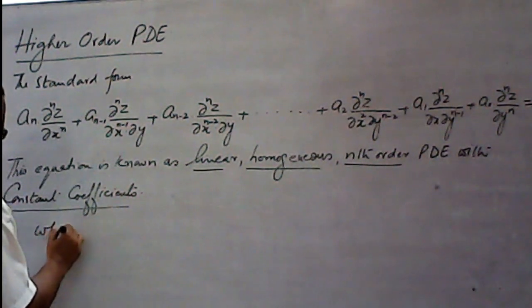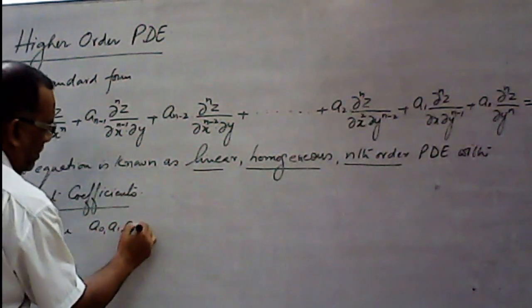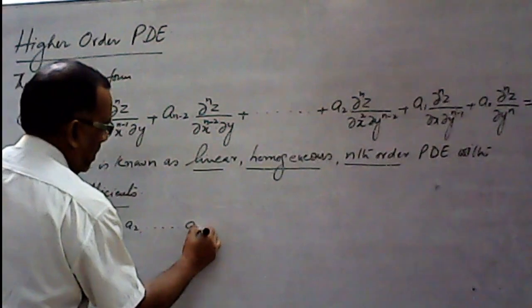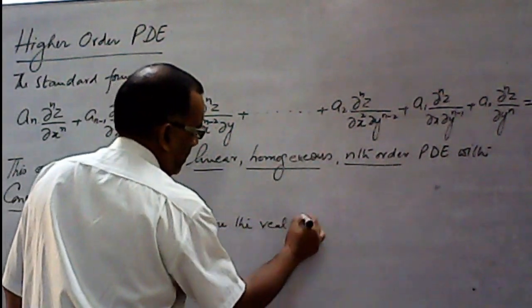Where a0, a1, a2 up to an are real constants.